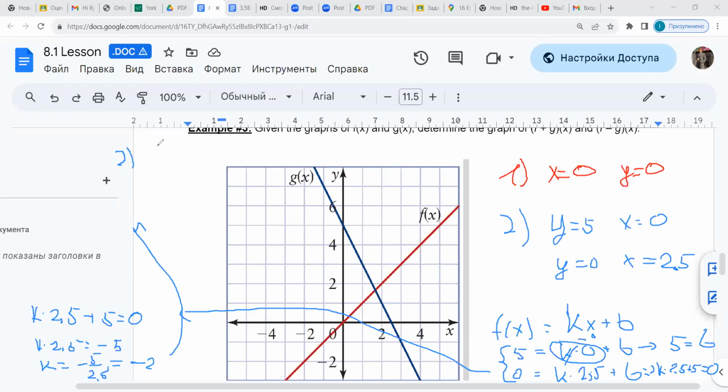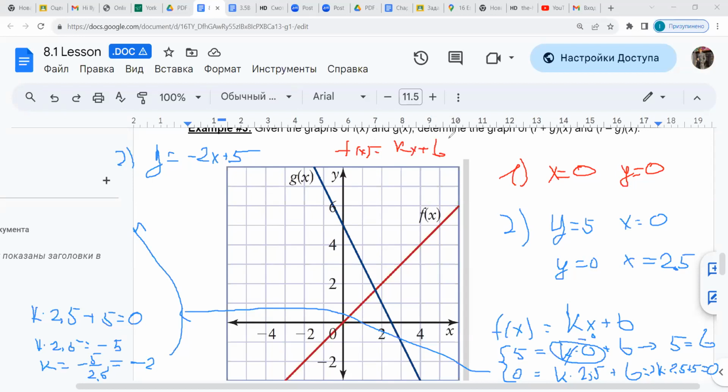The blue one would be y equals -2 times x plus 5. I found one of these two equations. And now, what about the red one? Red one should be f of x equals k times x plus b.